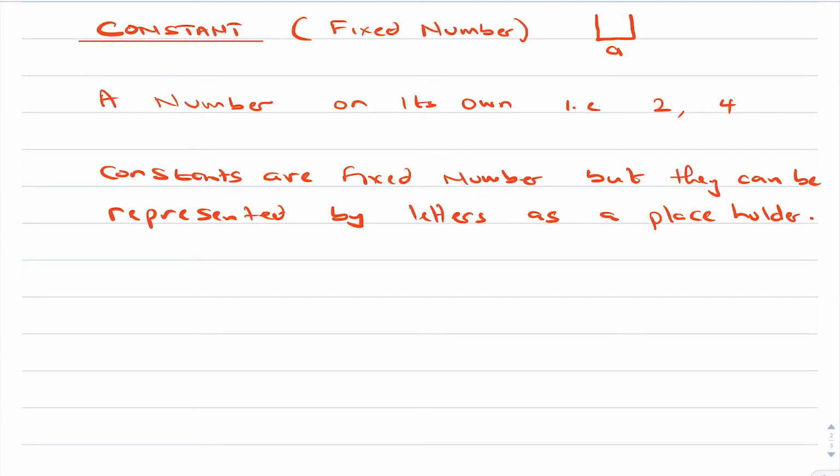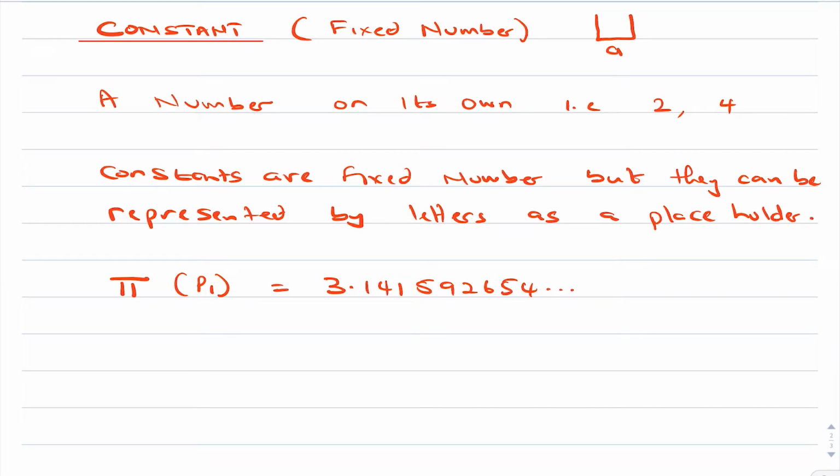Let's choose a famous constant that we know, pi, which in mathematics is equal to 3.14159264, and it goes on.